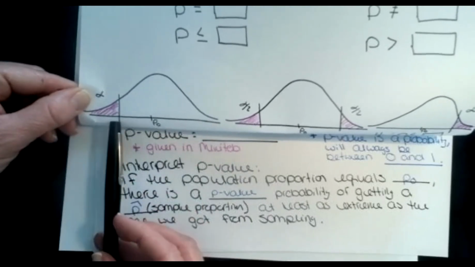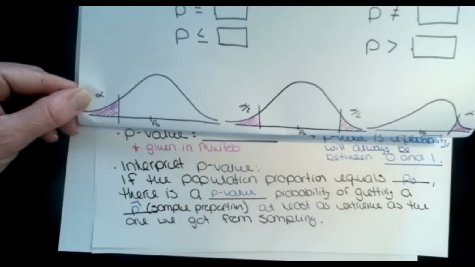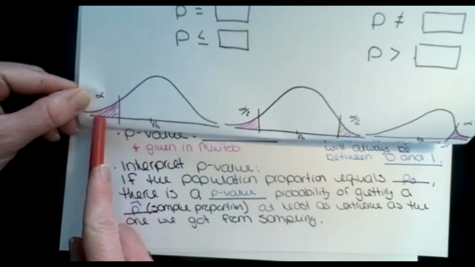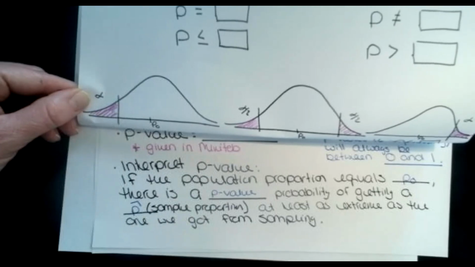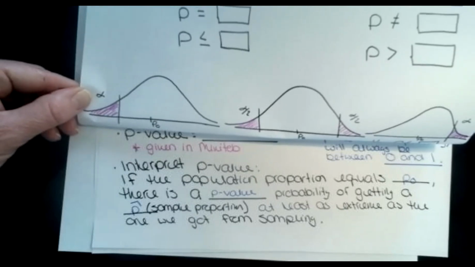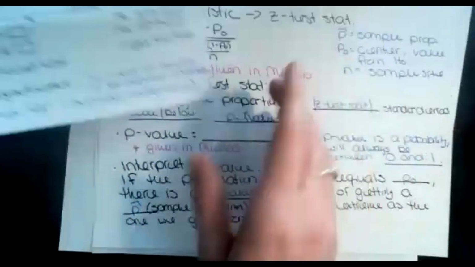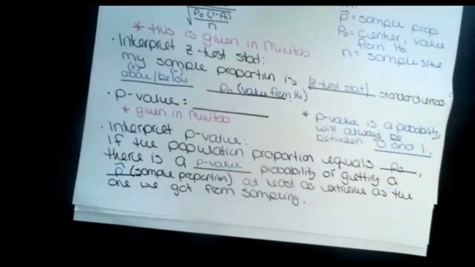If the first one's the black line, we're saying we have this amount of probability of getting another one that far away or further away. So that's at least as extreme as the one we got from our original sample. That's what it's saying, okay? I like to give you that visual to go along with that one.